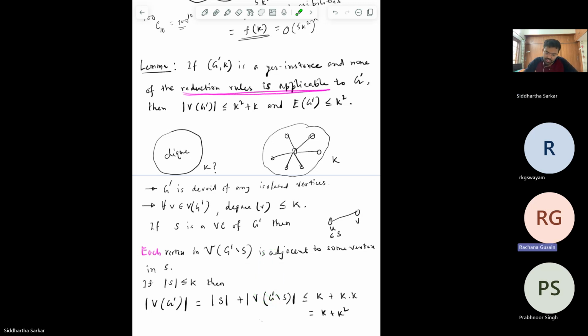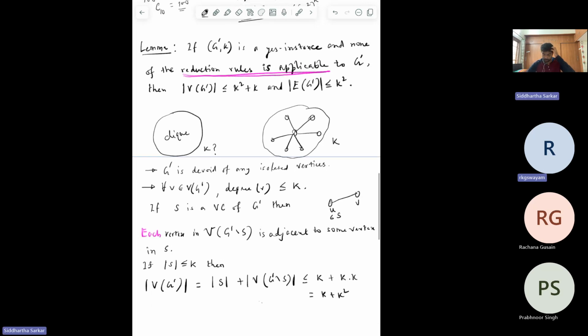Is the number of edges being bounded by k square clear to you, Mr. Goel? The number of vertices is clear to me, but I could not understand why the number of edges is bounded by k square, except that the second term, G prime minus S, is an independent set.